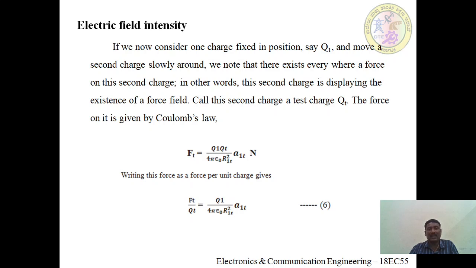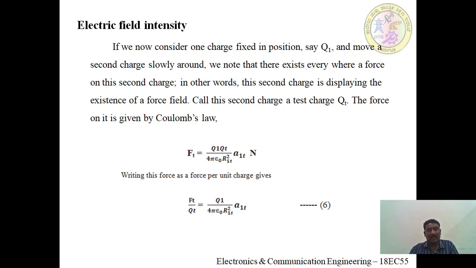That moving charge is called a test charge or a second charge. The presence of the second charge around the first charge displays the existence of a force field. Call this second charge the test charge Qt.